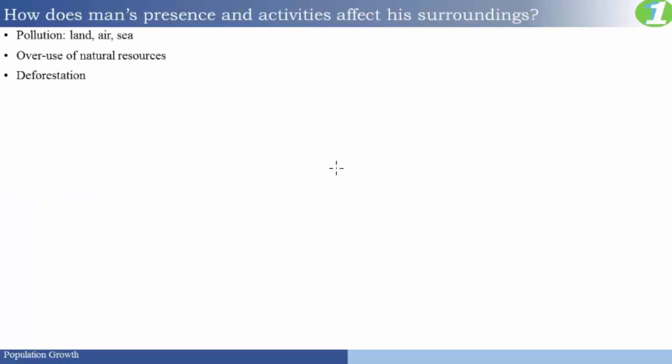Now, as seen in our last presentation about man's activities and how they affect their surroundings, it affects their surroundings in three main ways. Man pollutes the area, land, air, and sea.